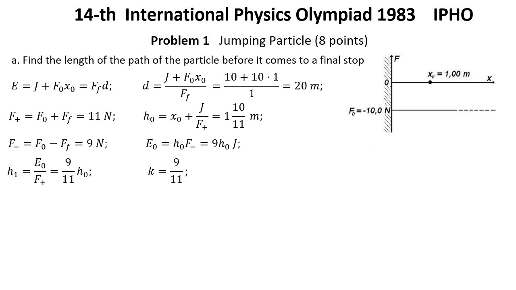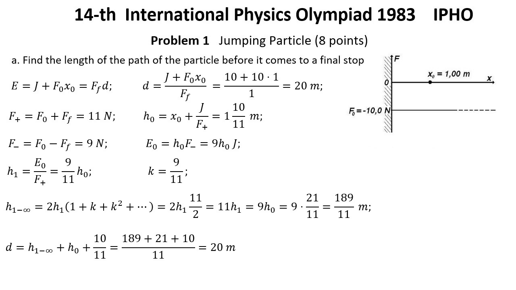Now let's calculate the next height h1, to which the particle will rise. This will be E0 divided by F plus equals 9/11 h0, thus, we have calculated the coefficient of the geometric sequence, k equal to 9/11, and thus we can calculate the sum of the series of the geometric sequence starting from the first member. Of course, it must then be multiplied by 2, since the particle passes each height up and down.